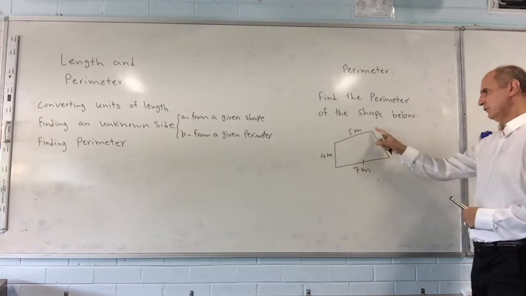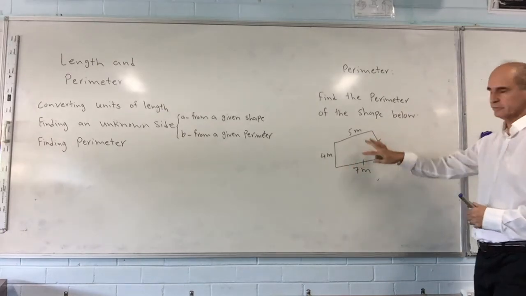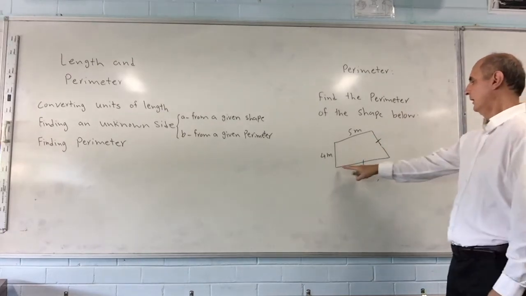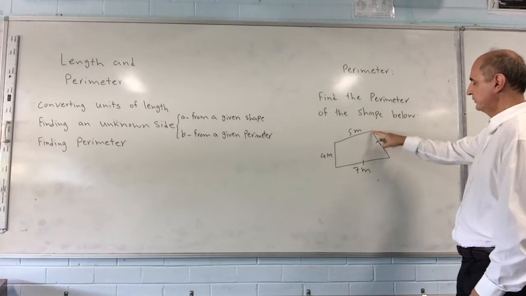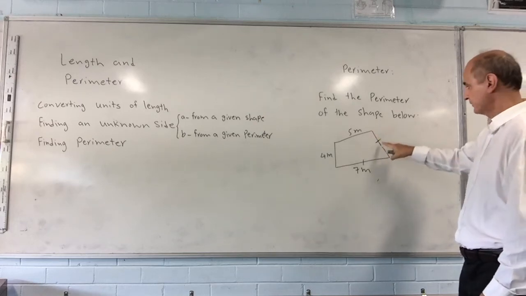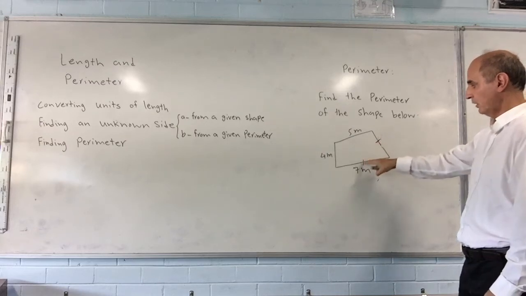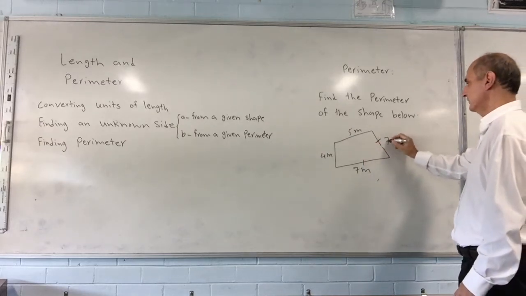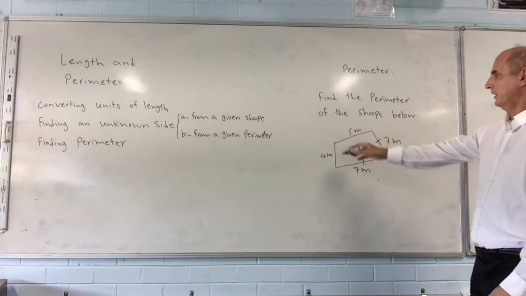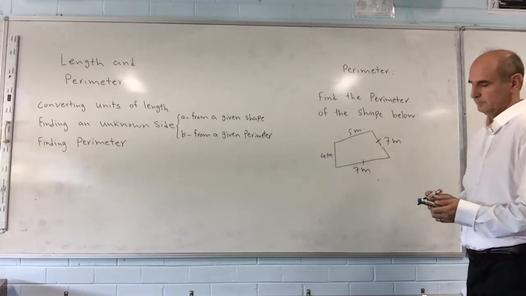Even if they don't look the same here, this shape is not to scale. So if this is 7 meters, they don't need to give me that length because they already told me that this and this are the same by putting these small lines on them. So then I know that this is 7 meters. Then I can again add them up.